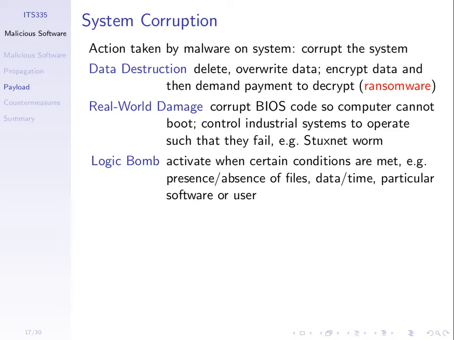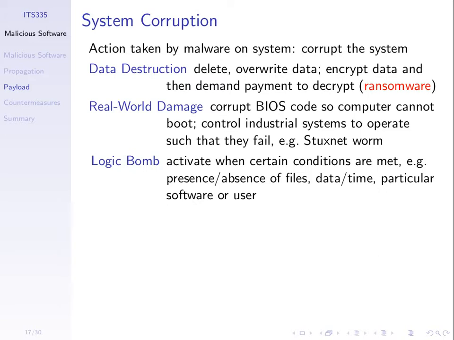Then it sends you an email or contacts you and says, if you want to decrypt these files, you need to pay some money. That's an example of ransomware, where the malicious software holds your data to ransom.